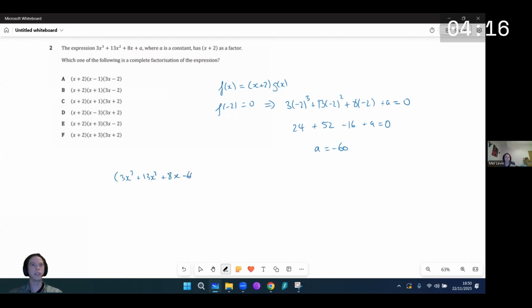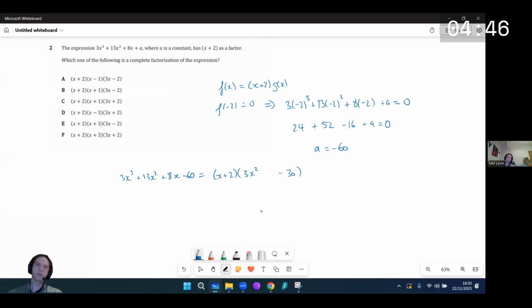It's 3x cubed plus 13x squared plus 8x minus 60, which is x plus 2 times something. First of all, the edge terms are the easiest. That must be 3x squared, and that must be minus 30, right?